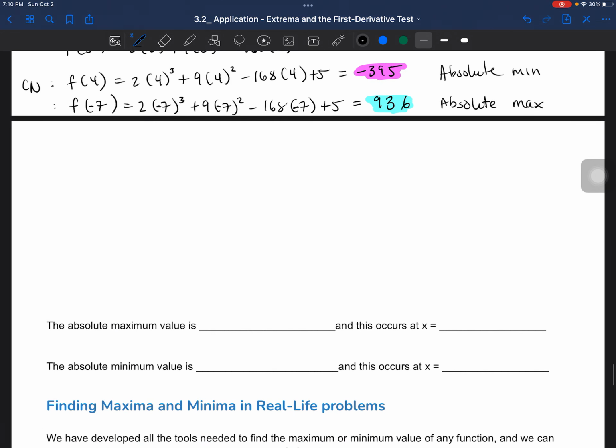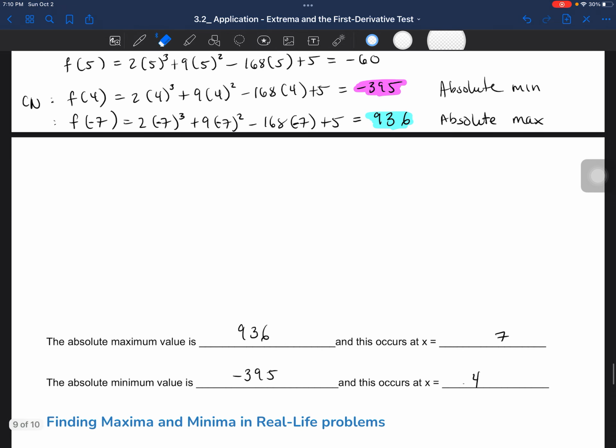We found these values, so we're going to write them over here. 936 is the absolute maximum value of the function, and it happened at x equals negative 7. The minimum value is negative 395, and it happened at x equals 4. I don't have to write the x here because it's already there.